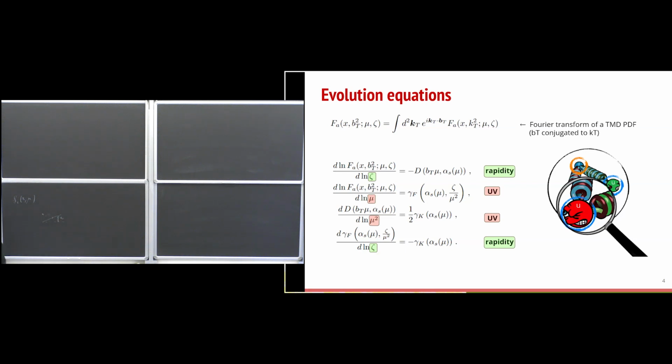This is a very simple picture. When you turn on the evolution equations, you zoom in on this picture, and you're able to resolve further emissions of gluons. If you resolve by increasing the scales, your resolution, you can see that, for example, your quark gets a kick, which is induced by multiple gluon emissions.